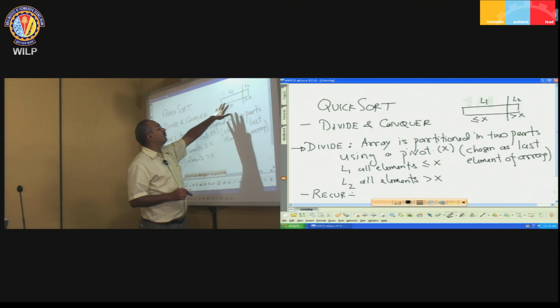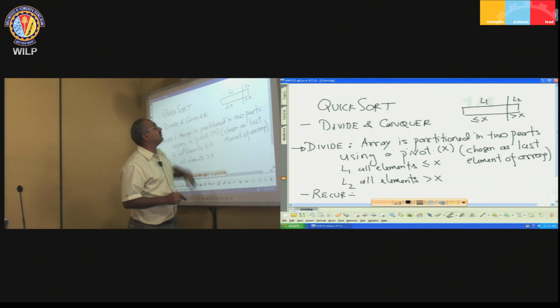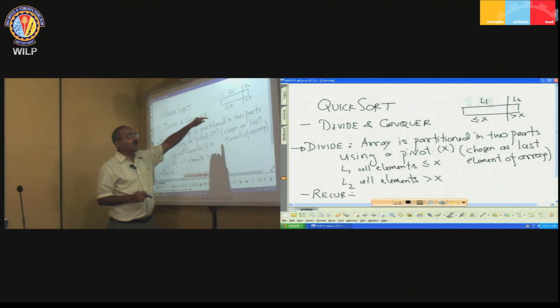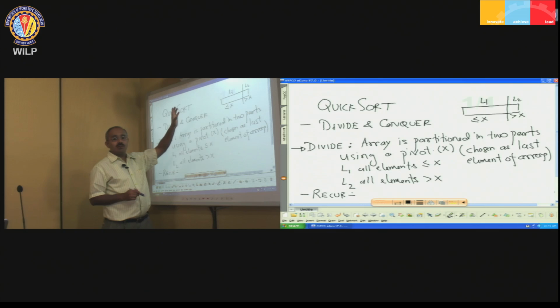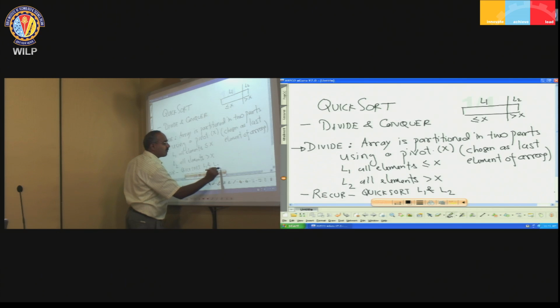That is, we will look at this array, partition it into two parts, one with all elements less than or equal to the pivot of L1 and all elements bigger than the pivot in L1, and similarly for L2. So the recursive stage is to quicksort L1 and L2 recursively.